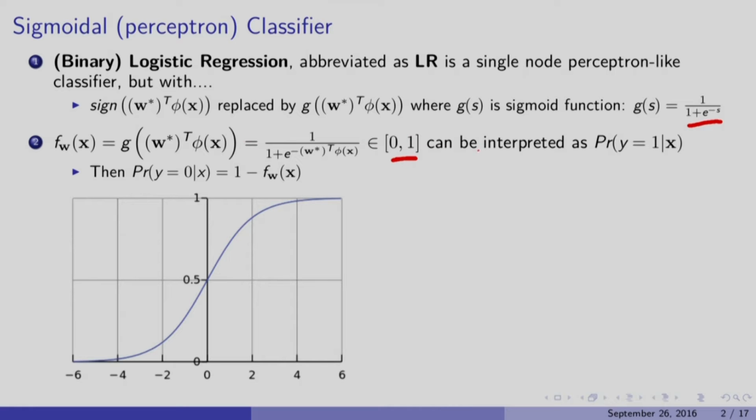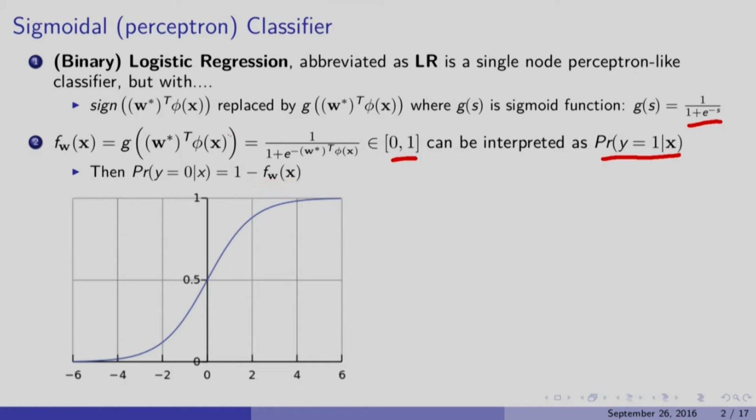The probability of class 1, probability y is 1 given x, can be interpreted as this sigmoidal form applied to the linear combination of features. You can also get the probability of class being 0 as 1 minus this function.